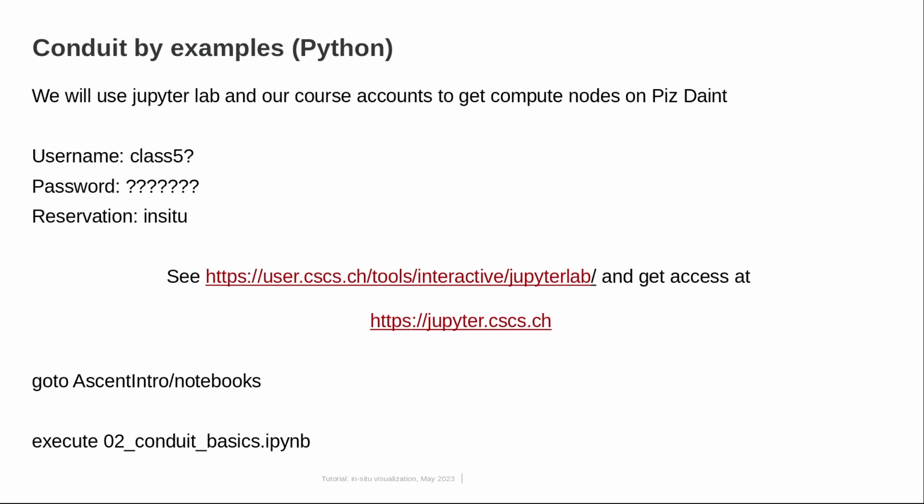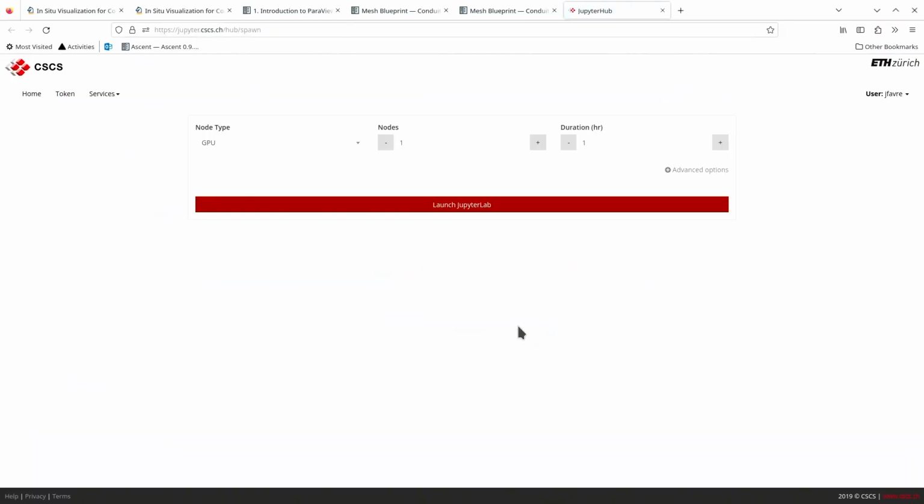Then we'll go to the Ascent Intro Notebooks subdirectory, and we will execute notebook number 2. So let me show you how to do this, and then you should be able to replicate that.